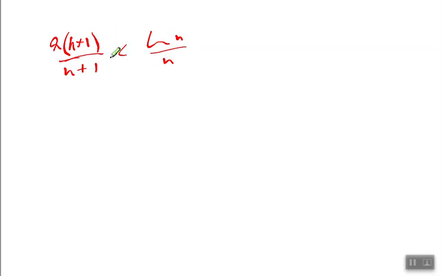And since we're talking about positive things, n starts at 1, so it's always going to be positive. So we can cross multiply on that one. That's what I'm doing right here. Is n times the natural log of n plus 1 less than the natural log of n times n plus 1?